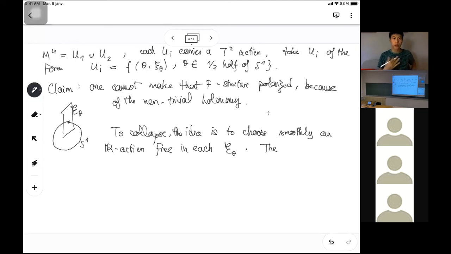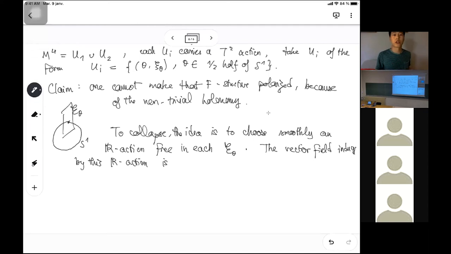So you want this R action, and the R action is going to induce a vector field, right? By differentiation, we get a vector field induced by this R action.